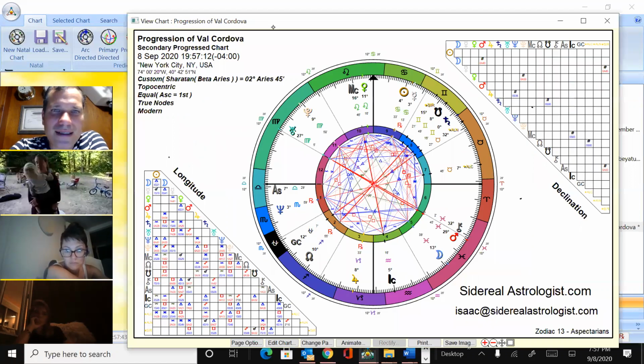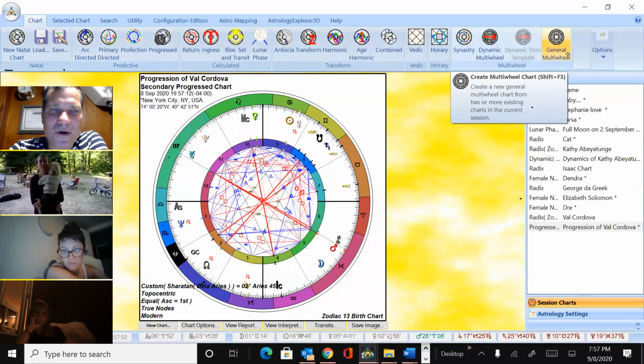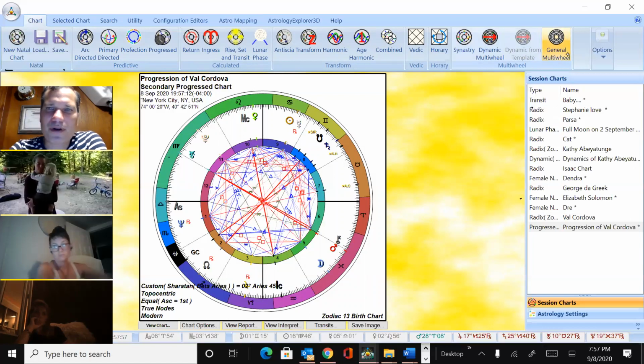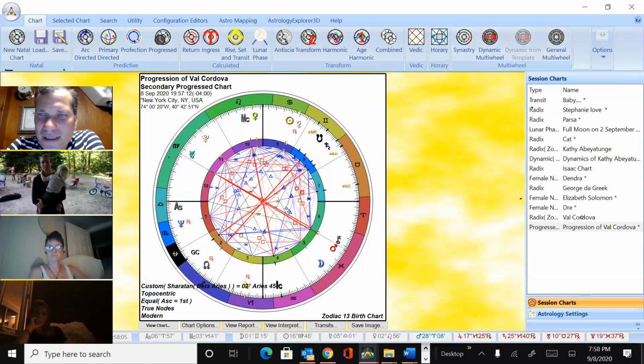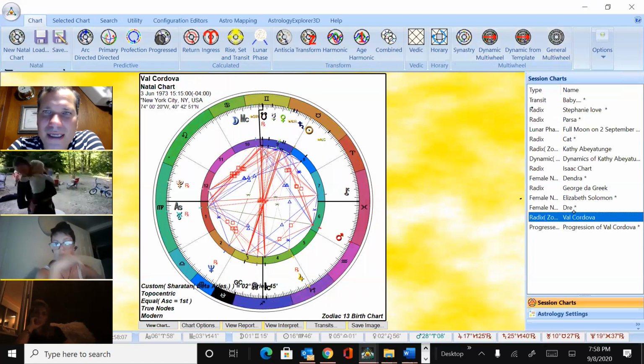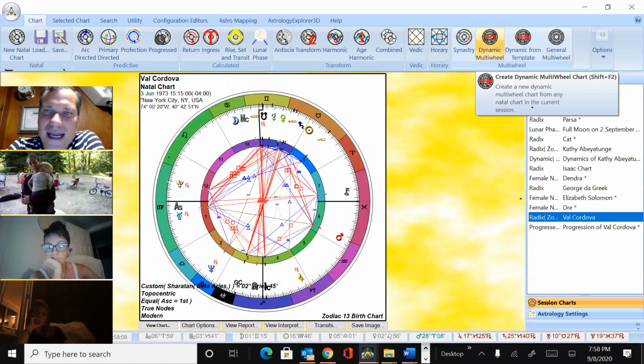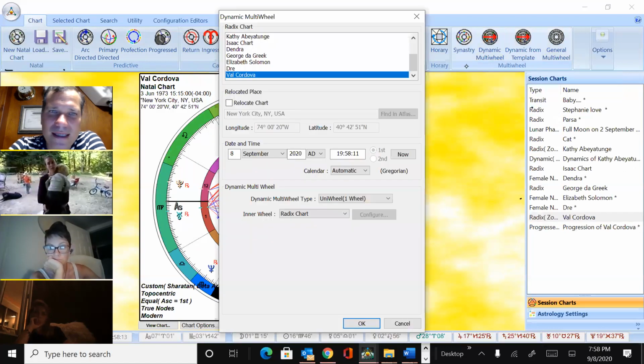What I like to do, because everything goes back to the birth chart, that's usually how I like to read progressions. So what I normally do is a dynamic multi-wheel. You see this? So I'm going to select Val's chart here, and you're going to go dynamic multi-wheel. Okay, select that. We have Val's selected.